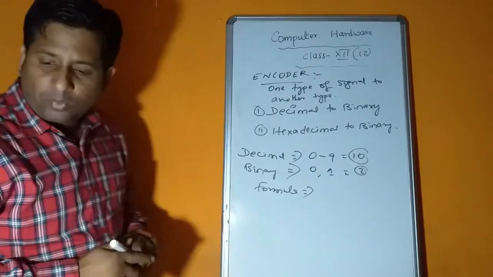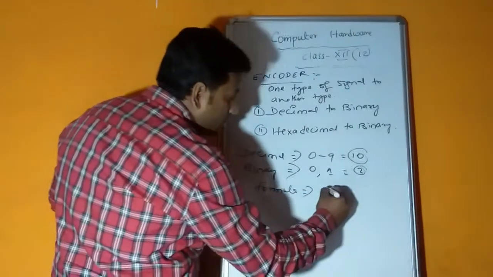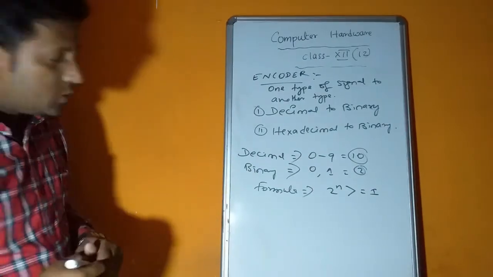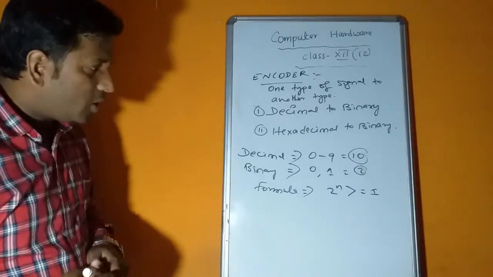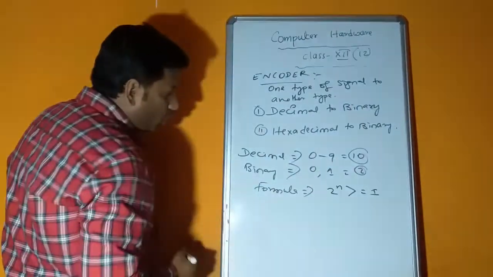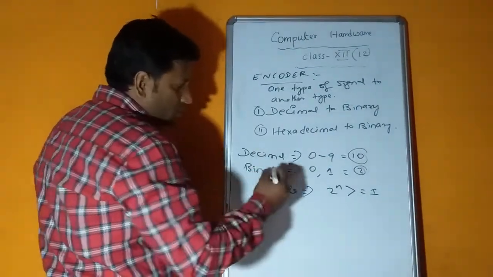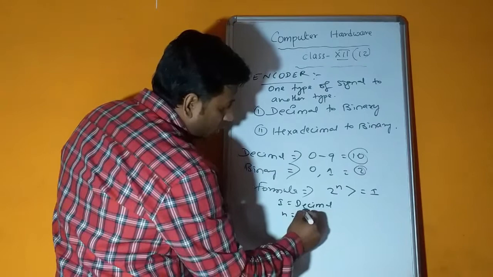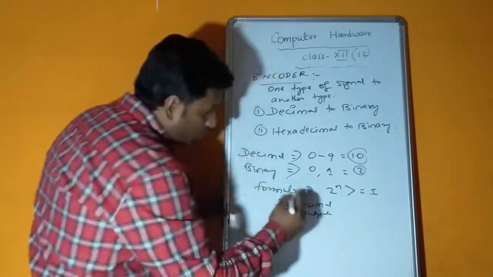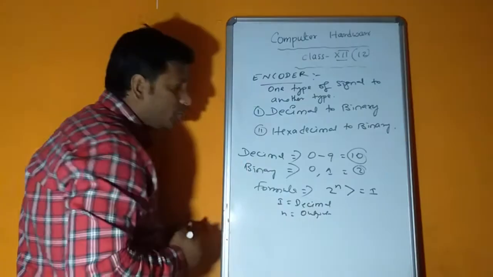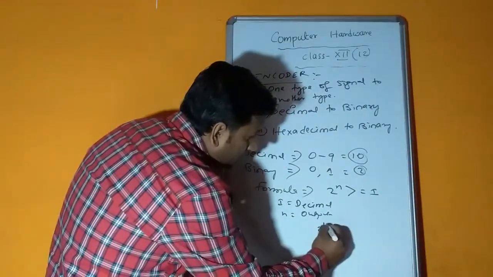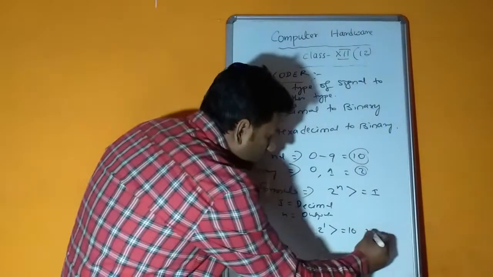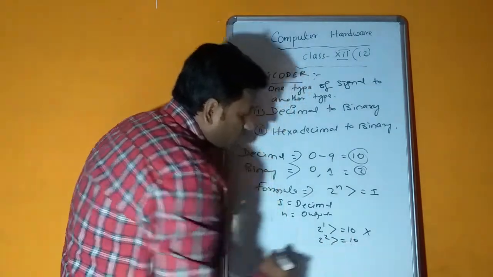Okay, so now the formula is 2 to the power n greater or equal to I, the simple part. Now I is our input, that is decimal, and n is your output. So if I take 2 to the power 1, is it greater or equal to I, which is 10? Does it match? No. So 2 to the power 2 is how much? 4.